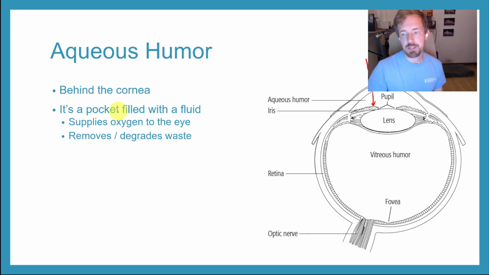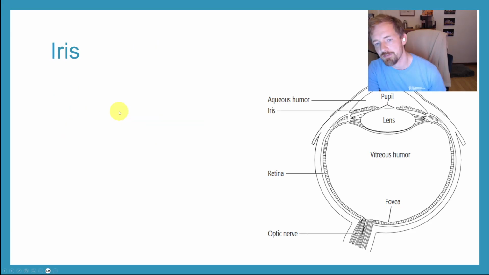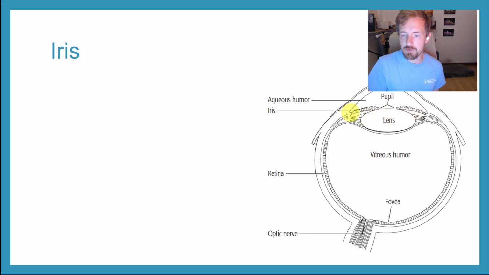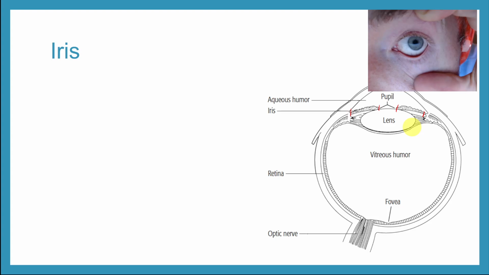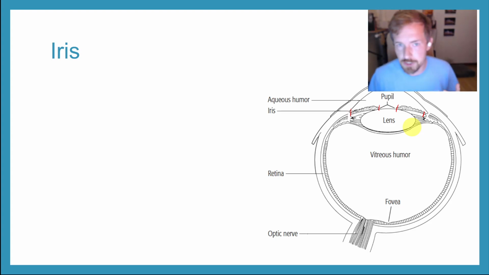All right. From there, we have the iris, and as I mentioned, the iris is this piece right here. It is the part of your eye that might give your eye its quote-unquote color. So, I'm going to get right up on the webcam for a second. If you are looking at an eye, you'll note that I have kind of bluish-gray eyes.